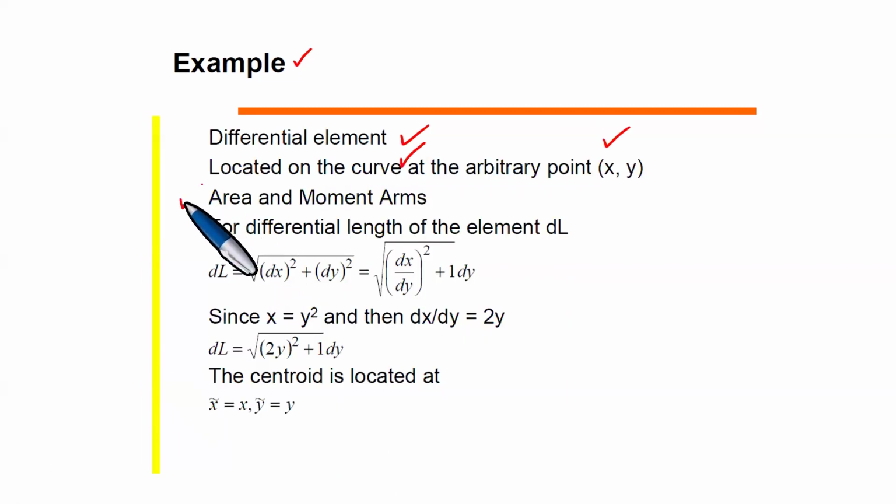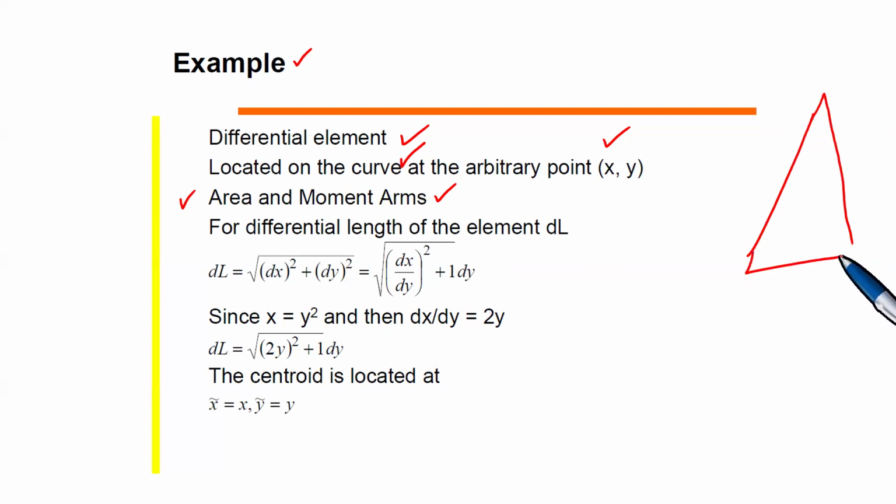Let's speak about two things: the area and moment arms, for the differential length of the element dl.